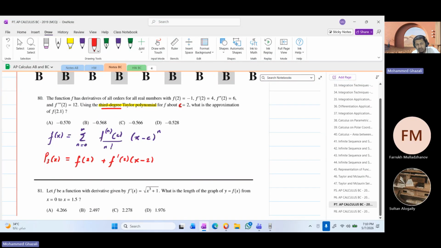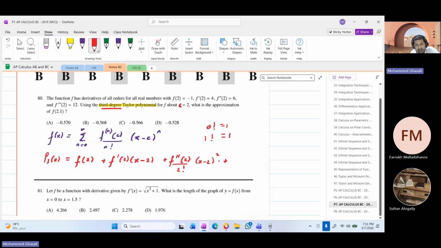Because that's over 1 factorial, I'm leaving that out; 0 factorial is 1 and 1 factorial is also 1. Plus the double derivative evaluated at 2 over 2 factorial, times x minus 2 squared. And remember, the Maclaurin series is when the value of c is 0, so you have to remember this formula.